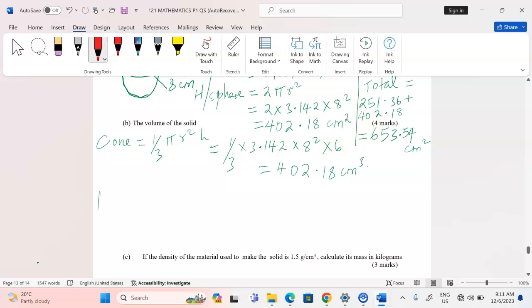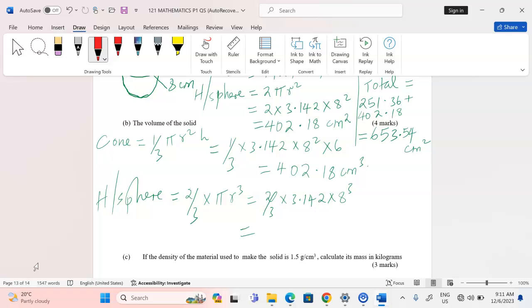Then for the hemisphere, volume will be provided by 2 out of 3 pi r cubed. So 2/3 times pi times a radius of 8 to the power 3. So this is going to be 2 multiplied by 3.142 multiplied by 64 by 8. Then we divide by 3.